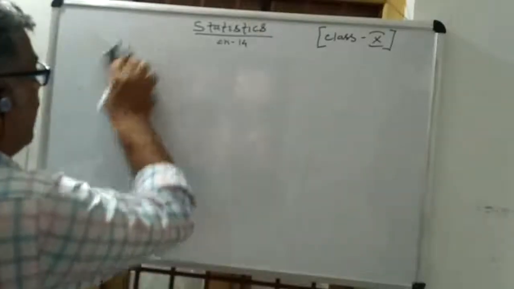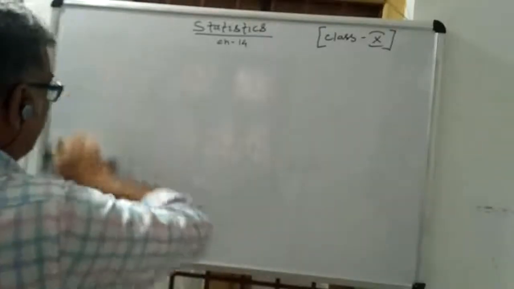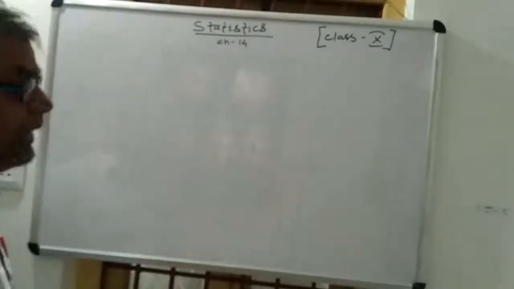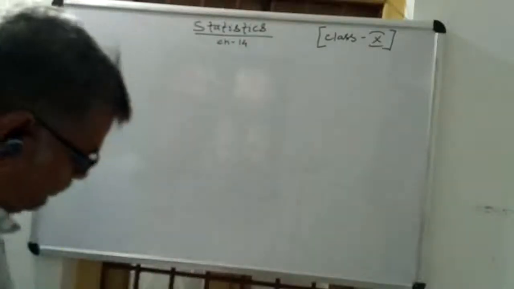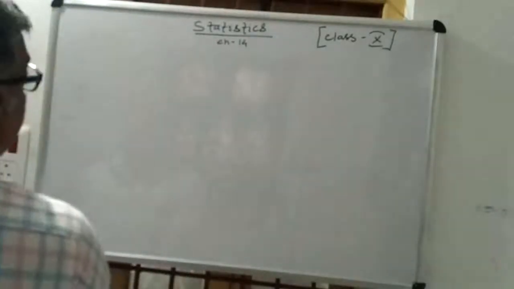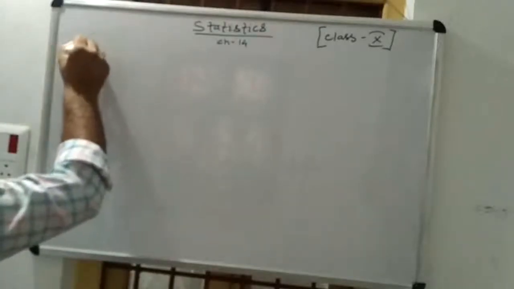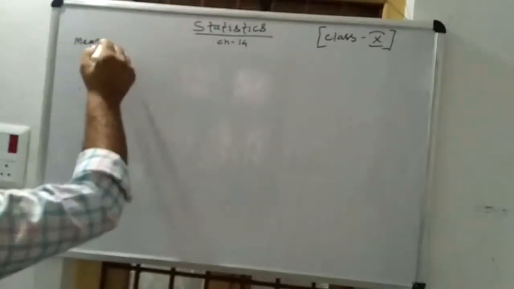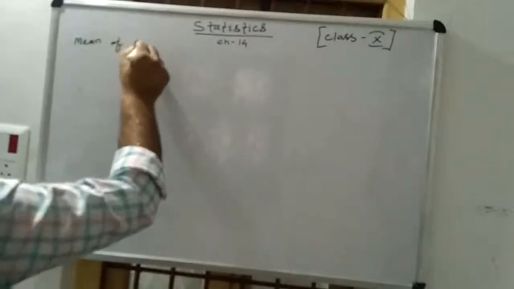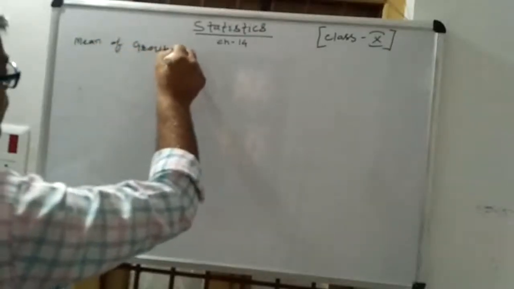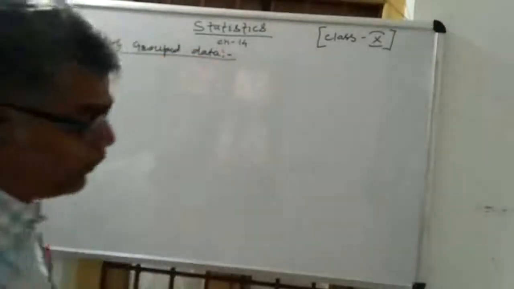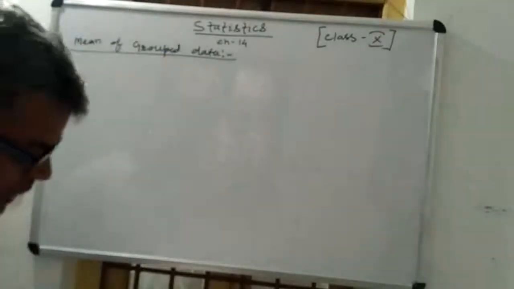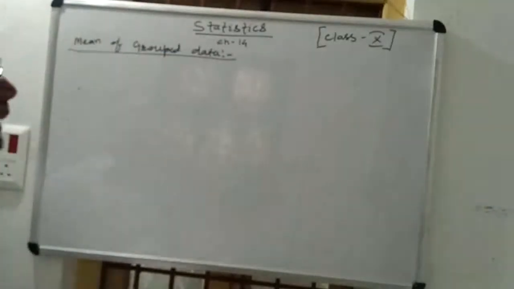First, I am going to explain the mean of a grouped data. How can you find the mean of a grouped data? There are three methods to find the mean of a grouped data.